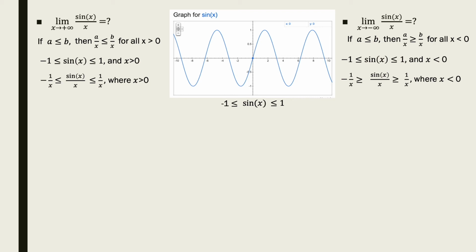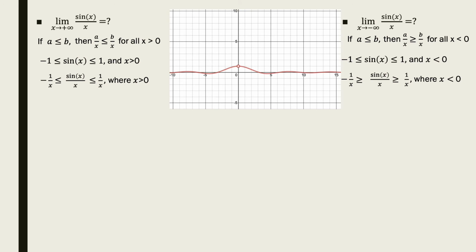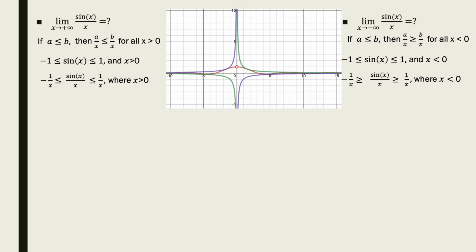This is it. For the sandwich theorem, we had to come up with two functions, one that binds our function from below and another that binds it from above. We have two functions, -1 over x and 1 over x. If we think about the graph of sine of x over x, we can graph 1 over x and -1 over x.